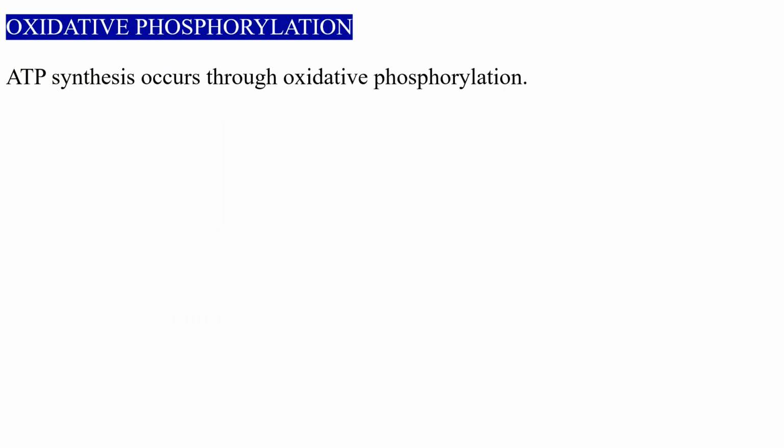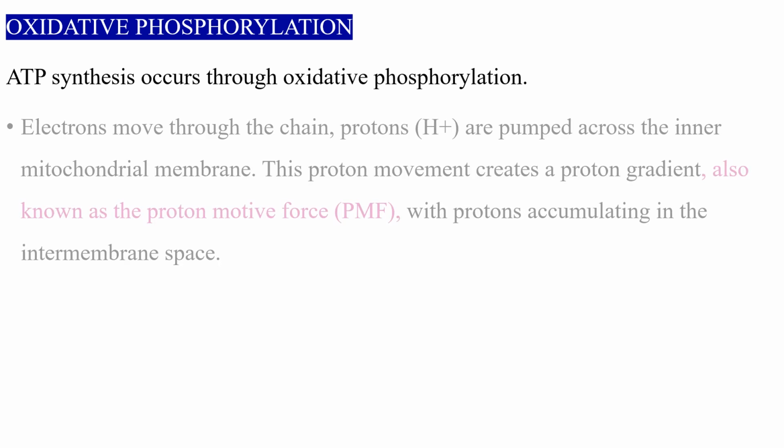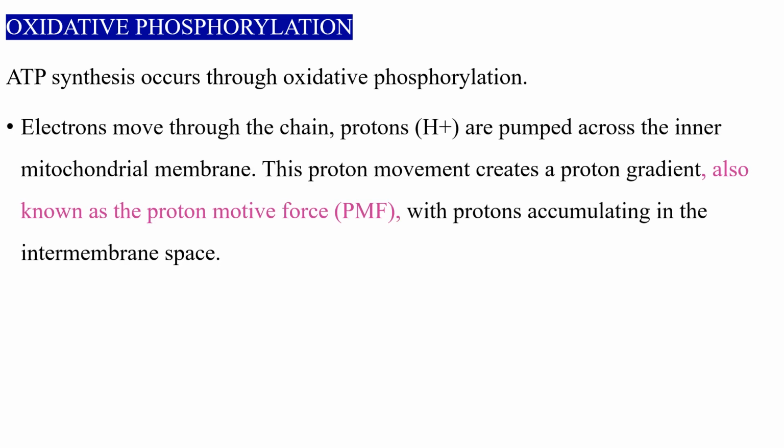Oxidative phosphorylation. ATP synthesis occurs through oxidative phosphorylation as electrons move through the chain. Protons are pumped across the inner mitochondrial membrane. This proton movement creates a proton gradient, also known as the proton motive force, with protons accumulating in the intermembrane space.